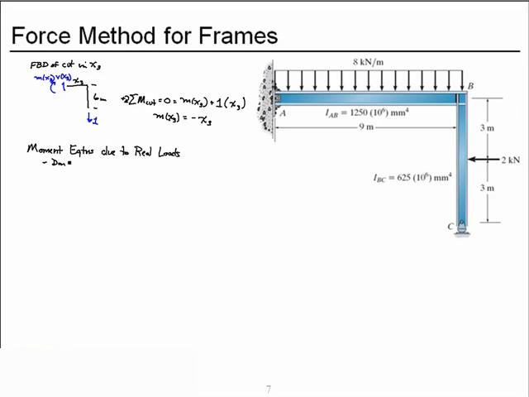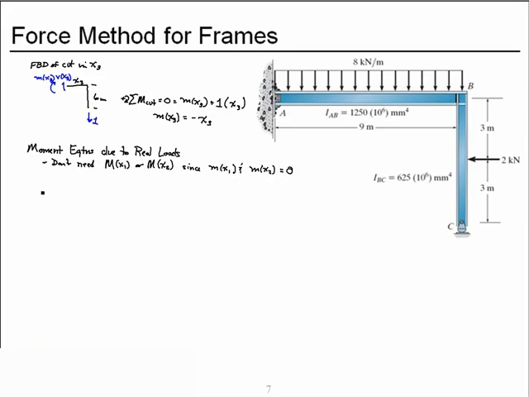I don't need the moment equation in the range of x1 or the moment equation in the range of x2, since the virtual moments are both 0 in that range. When I take these, multiply them times those, we're integrating 0 in a definite integral, and we'll get 0 contribution.